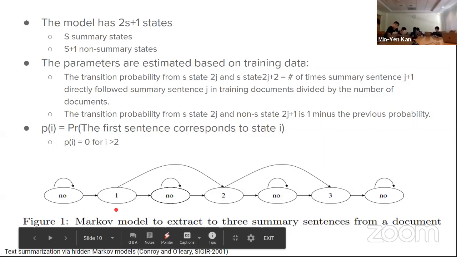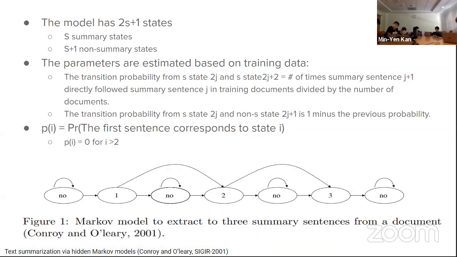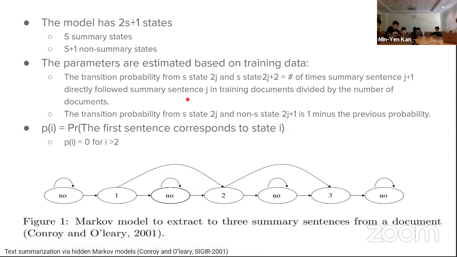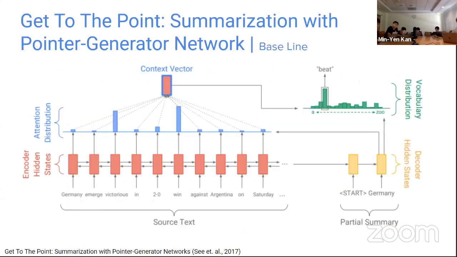So if your previous sentence was a summary, then the next sentence in the document has a higher probability of being a summary sentence. In a way, they bring sequentiality into the model. After this, we directly jump into the neural part because we are limited in time.